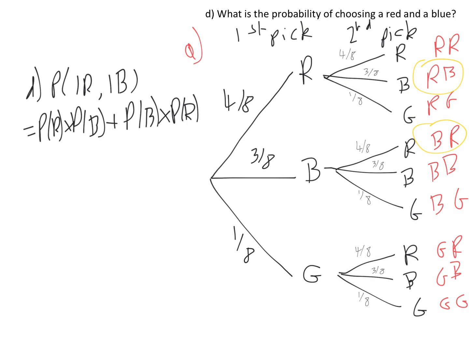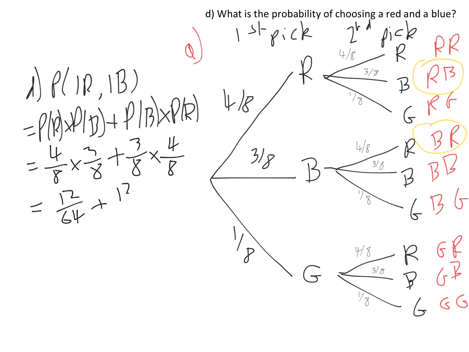There's more chance because there's 2 things that can happen, so you add to increase the probability. Okay, probability of red is 4/8, probability of blue is 3/8, and same again, 3/8 and 4/8. So that gives 12/64 and 12/64. That's 24/64. Divide that by 8 and you get 3/8.